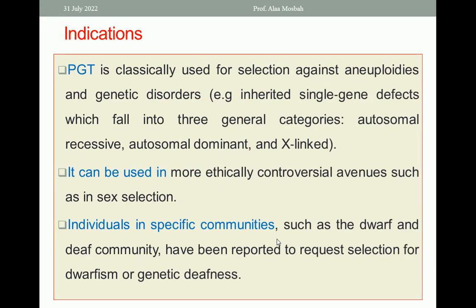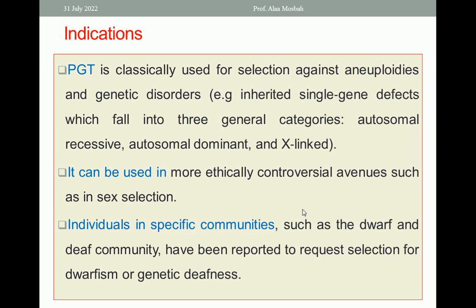so collectively we can say the indication for preimplantation genetic testing is classically used for selection against aneuploidies and genetic disorders, whatever it is, X-linked or not, autosomal recessive or dominant. It can be used in more ethically controversial avenues such as sex selection.